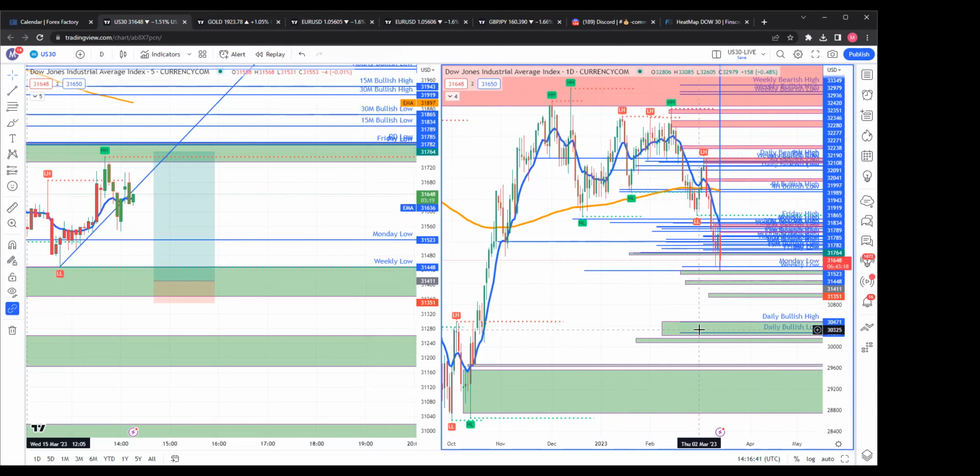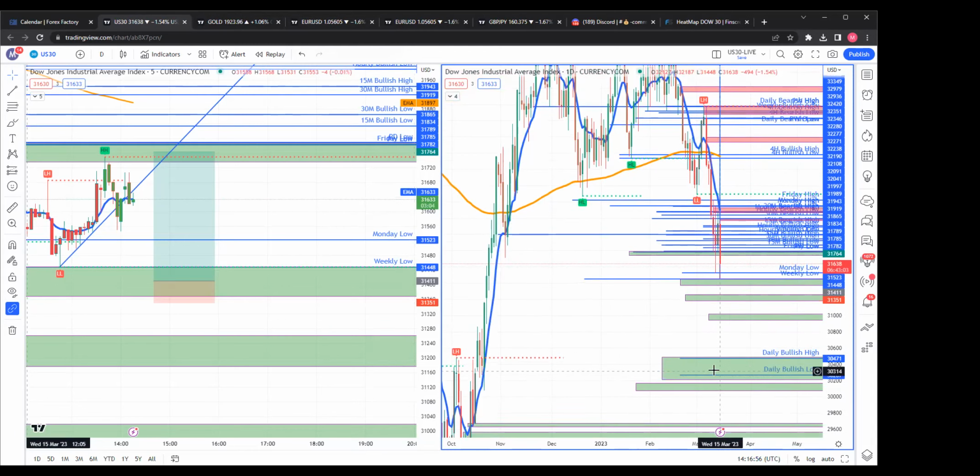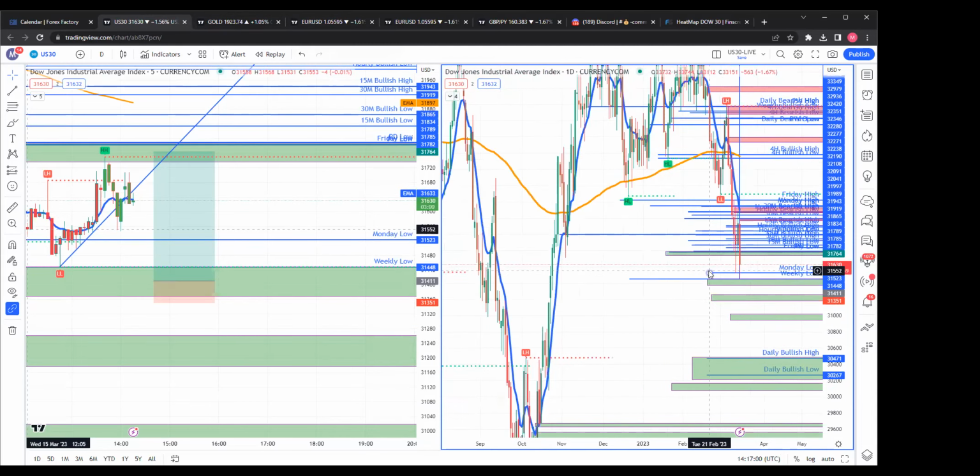But for me, since I'm used to how US 30 is moving, I'll be able to try and manage my risk well, because I still see another support or demand zone below here. But if US 30 does come down here, I'll be taking a big buy on US 30.